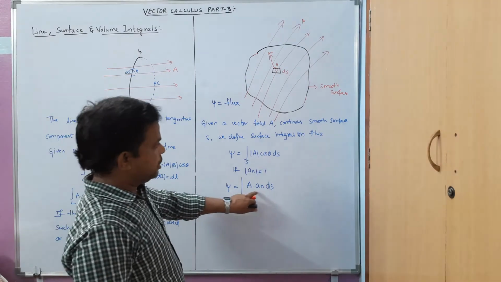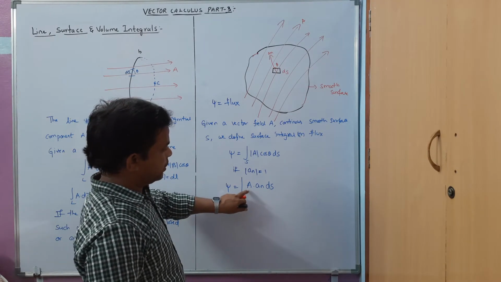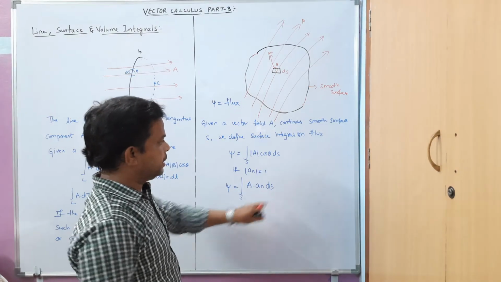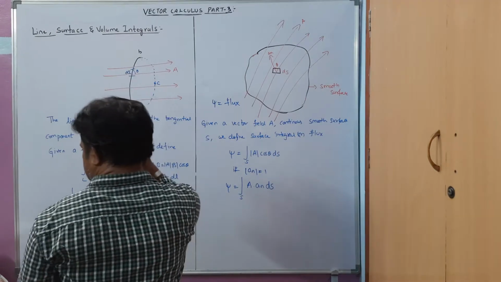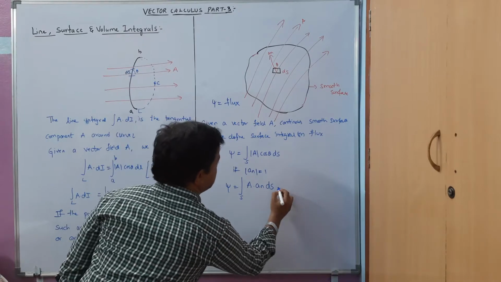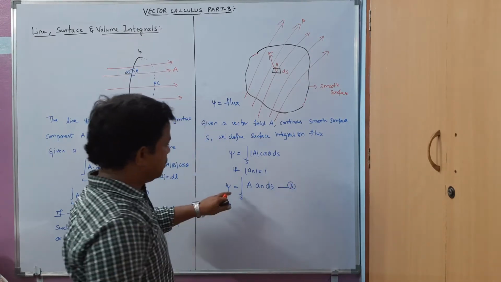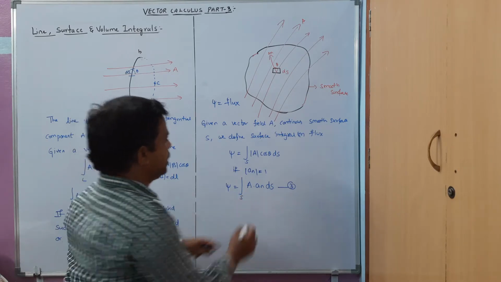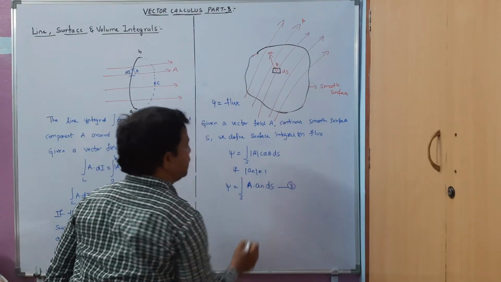The dot product between these two is given by mod A cos theta into ds. Let us take this as equation number 3. So the flux or the surface integral is given by A dot AN ds.